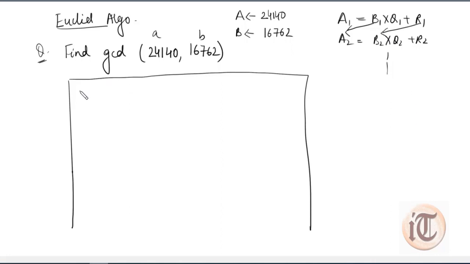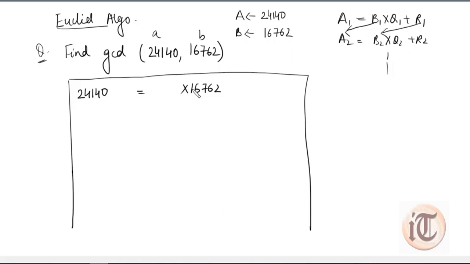The first value of capital A is 24140. Now we represent this number in the format divisor into quotient plus remainder. What number should we multiply with 16762 so that we get this number or less than this, with a remainder?